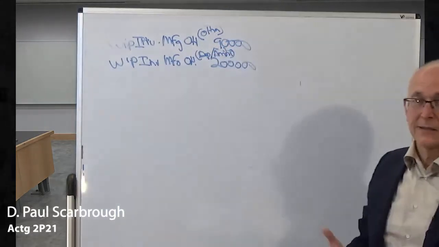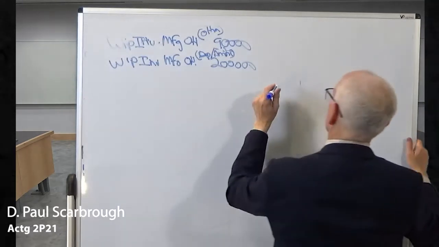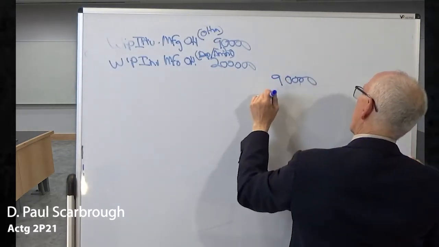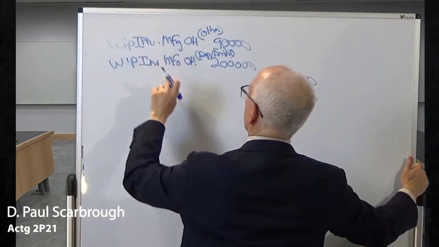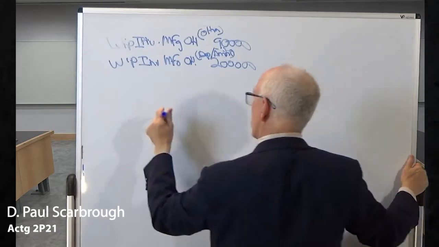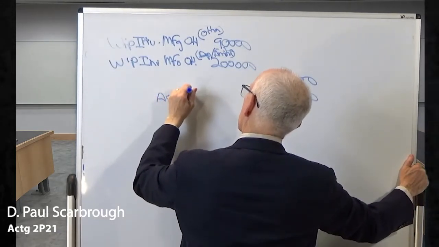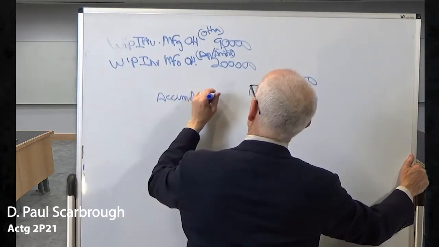That's the debit side. Now to do the credit side, these are going to be basically the same. We're going to have the 90,000, the 200,000. But we have to pick up the accumulated amortization of equipment.